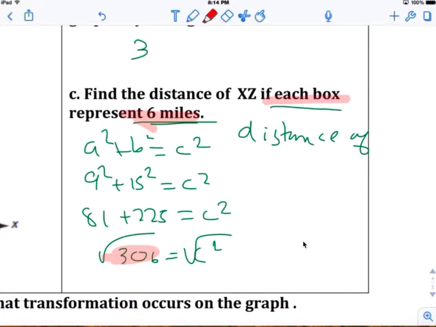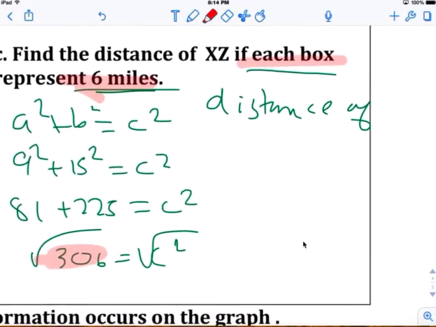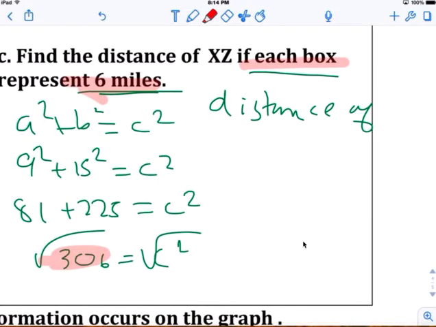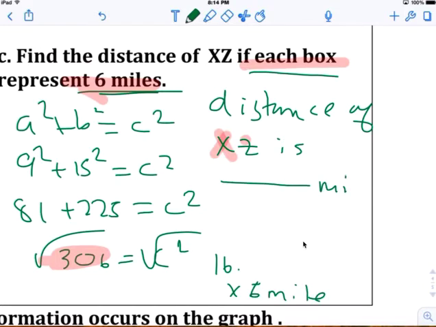So it's between 16 and 17. So the distance of xz is, whatever your answer is, 16 point something, times that by 6 miles to find out blank miles. Okay? Make sure you do that because each box represents 6 miles on here.